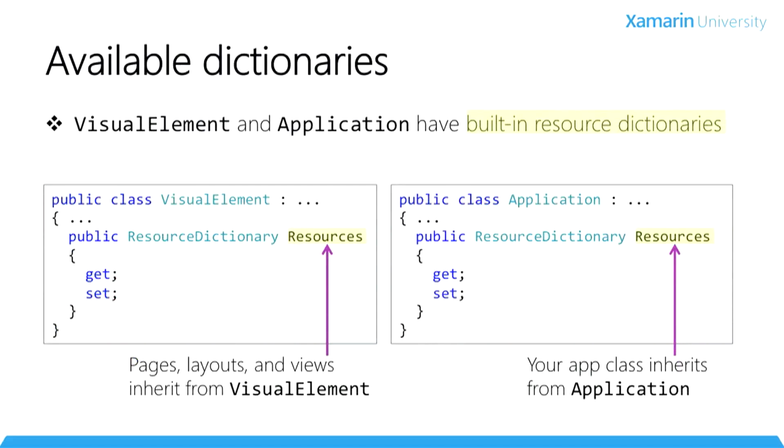Resource dictionaries are included in classes all the way throughout the Xamarin.Forms UI. The VisualElement class defines a Resources property, and this class is near the root of the UI hierarchy, so controls and pages and layouts all inherit from VisualElement, so they all have a dictionary. The Application class also defines a Resources property, but Application does not inherit from VisualElement, so it defines its own.